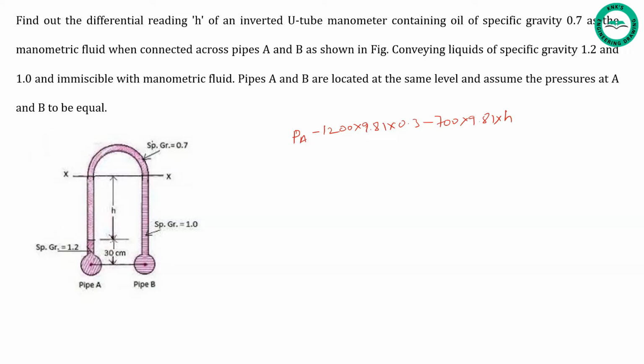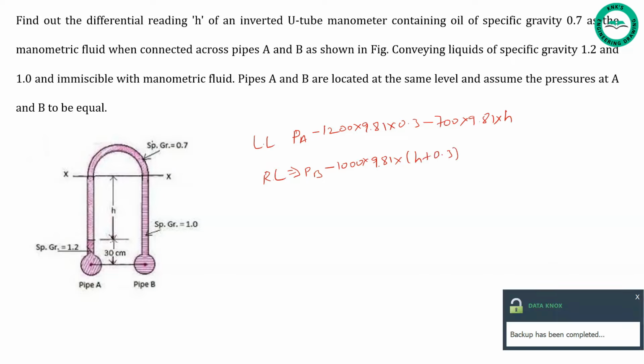Similarly, previously we have written for left limb, now for right limb. So that is PB minus 1000 into 9.81 into (h plus 0.3).